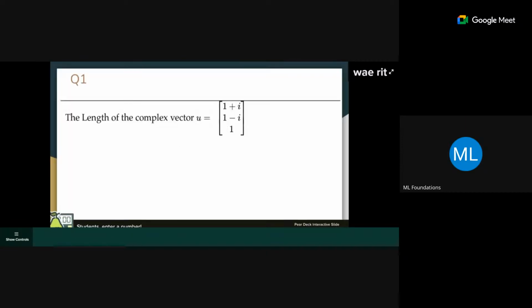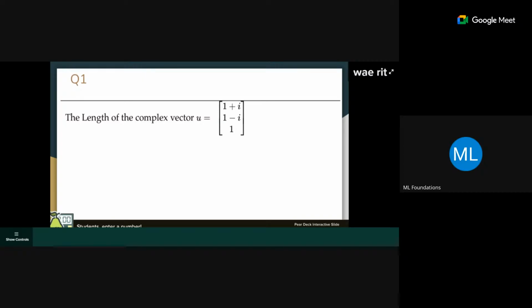Next one is the question: the length of the complex vector u will be what? This is the vector in front of you, 1 plus i, 1 minus i, and 1, and we need to find the length of the vector. So in general, what is the length of a vector? Let's say you have a vector with two elements x and y. What will be the length?